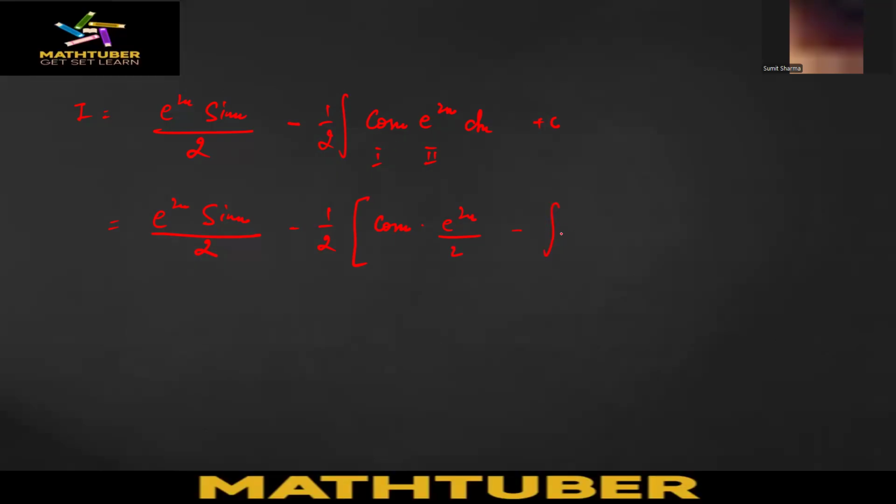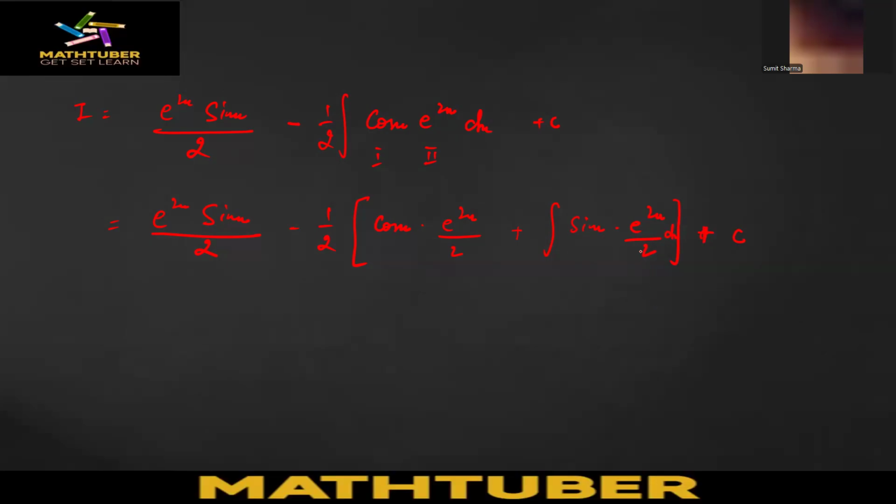So differentiation of cos x is minus sin x, so it will become plus sin x into e raised to power 2x upon 2 plus c, right? And here it is dx.